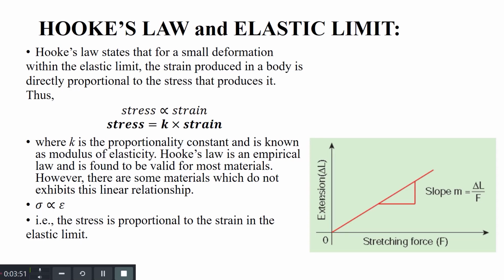You can see this is a graphical representation of Hooke's law: when we apply stress, strain will produce, and you can see a straight line graph showing the direct relationship between the stress and the strain.